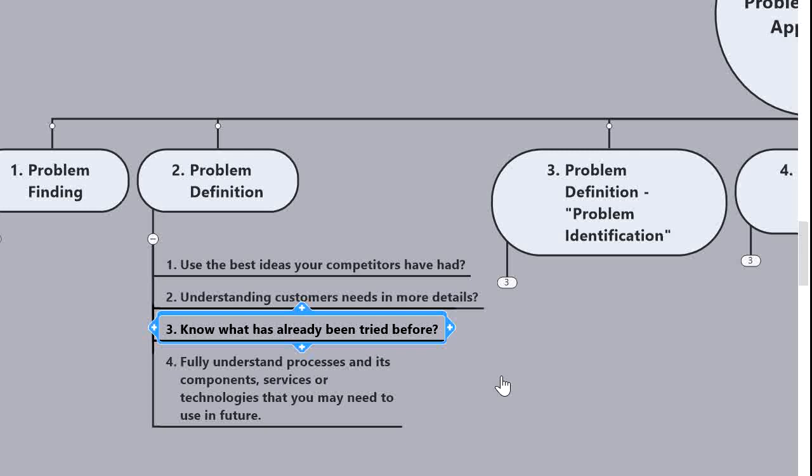Okay, so the last point here, in the second phase of problem definition, is to fully understand processes and their components, services or technologies that you may need to use in the future.